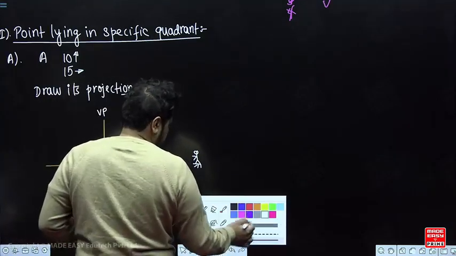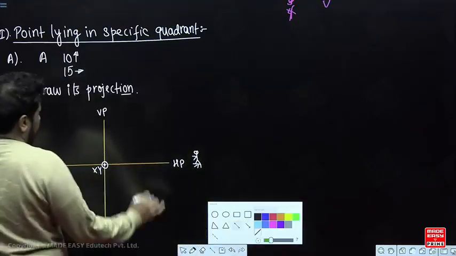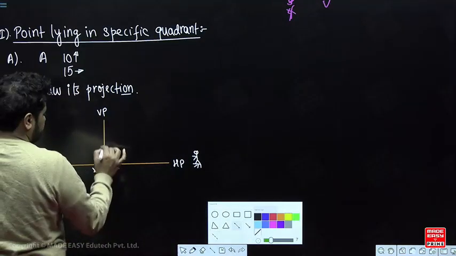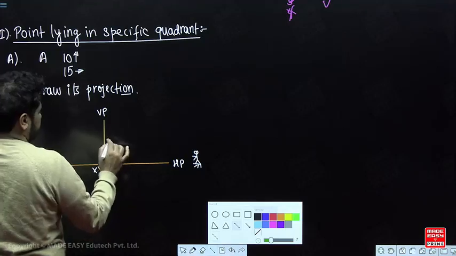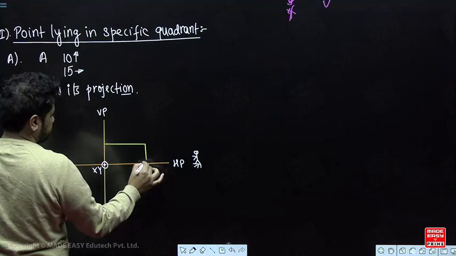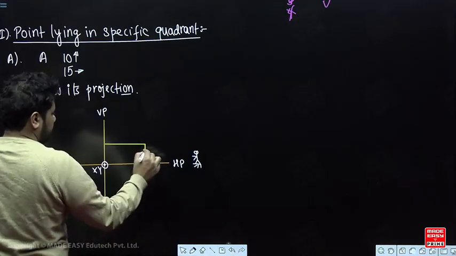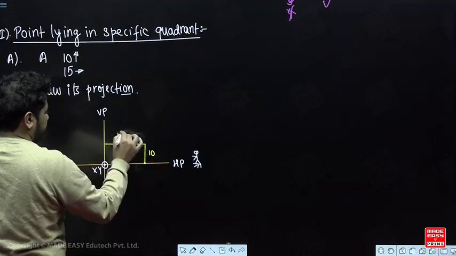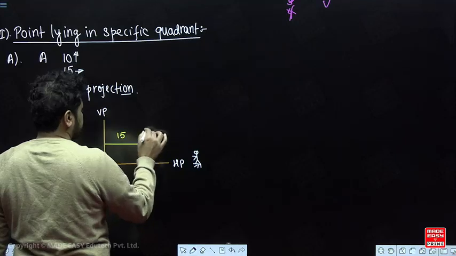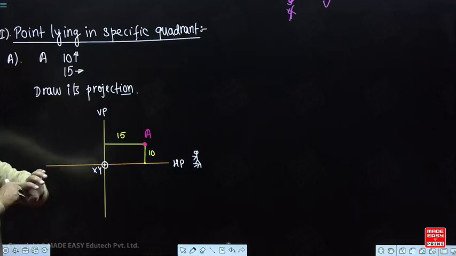See very carefully. Where is the point? The point is 10 mm above HP and 15 mm in front of VP.